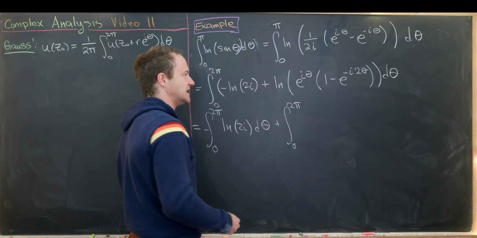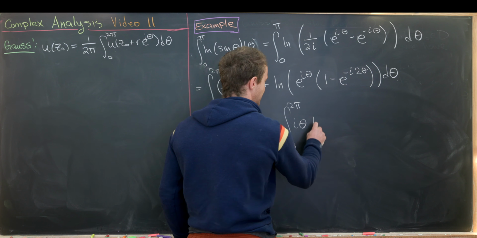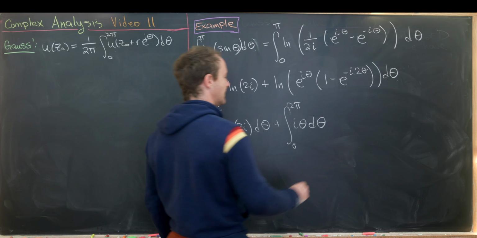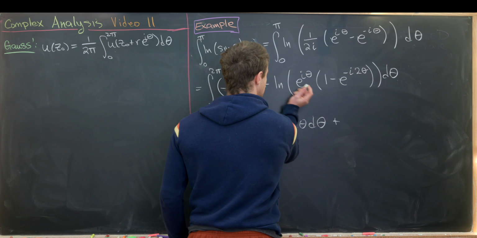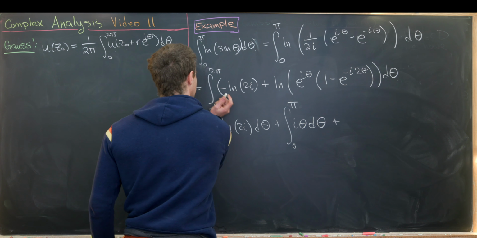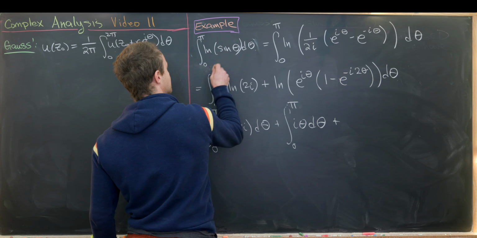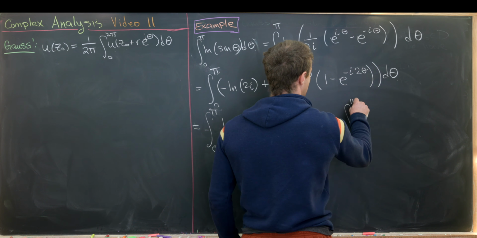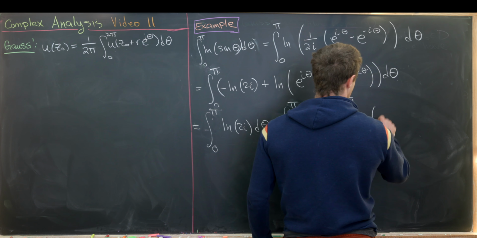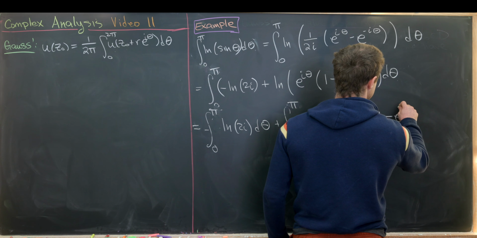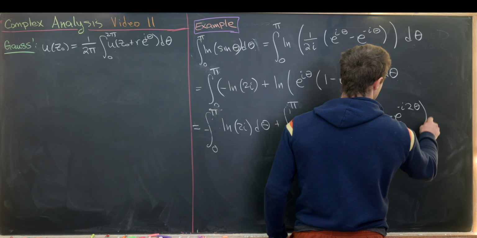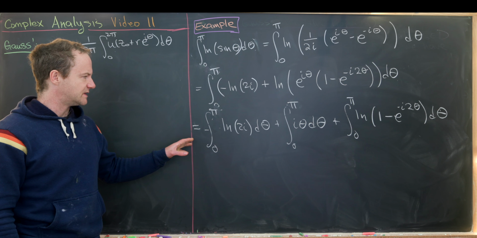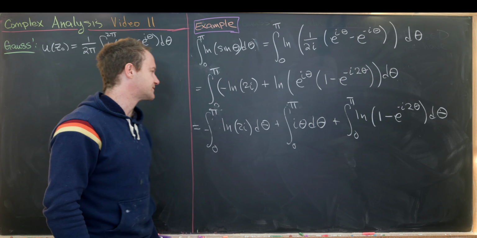But natural log of e^{iθ} is just iθ dθ. And then finally plus the integral from 0 to π of the natural log of 1 − e^{−i2θ} dθ. These should have all been 0 to π.